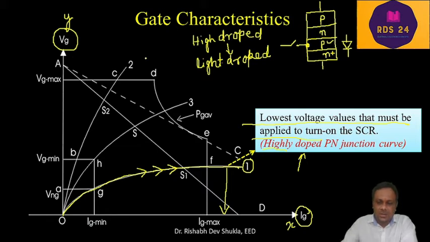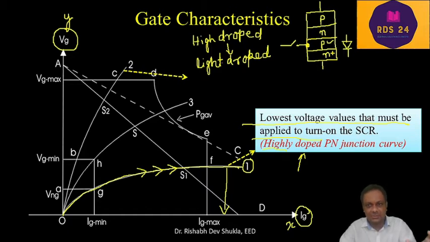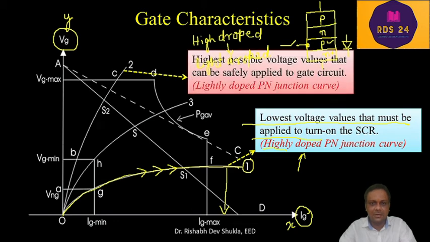Now let us move to the lightly doped junction. If our PN junction is lightly doped, our gate to cathode circuit can be considered as a diode circuit, and we assume that this diode is lightly doped. What happens when we have a lightly doped PN junction?